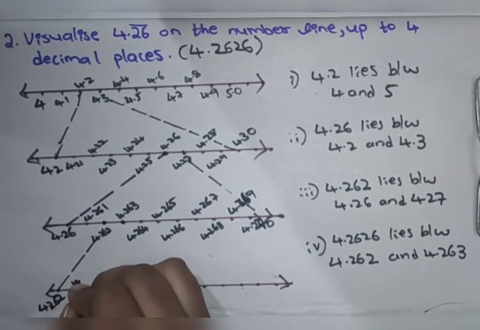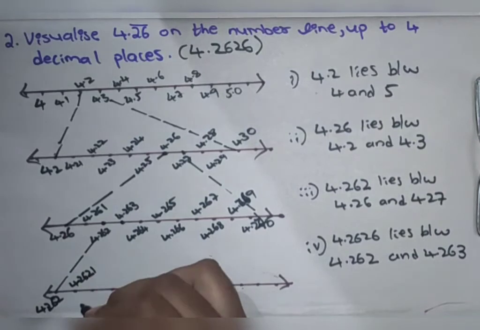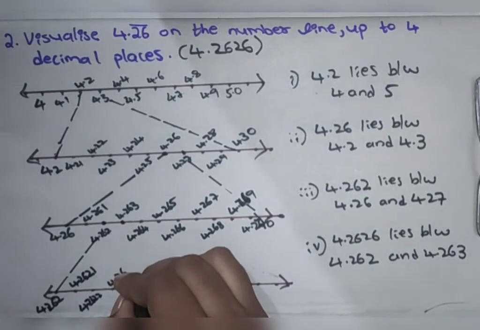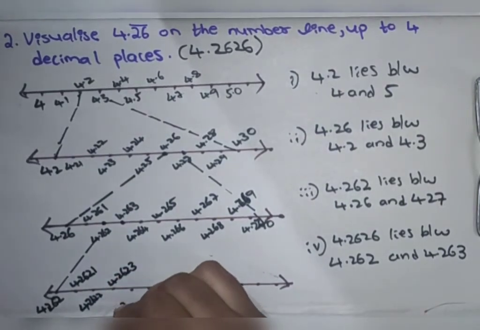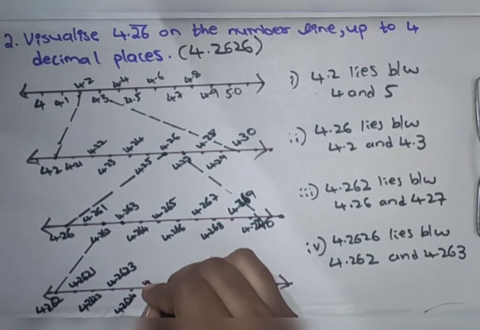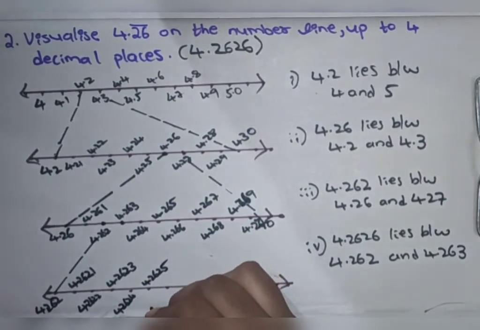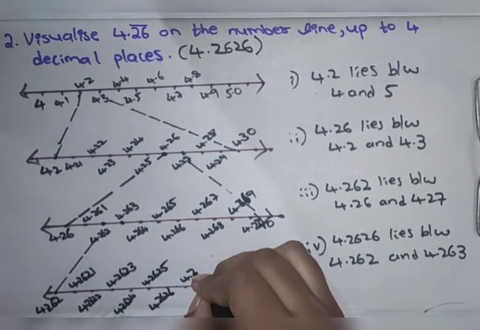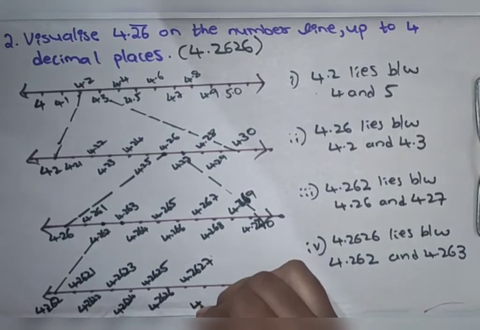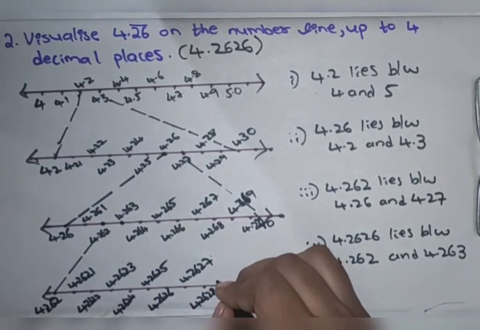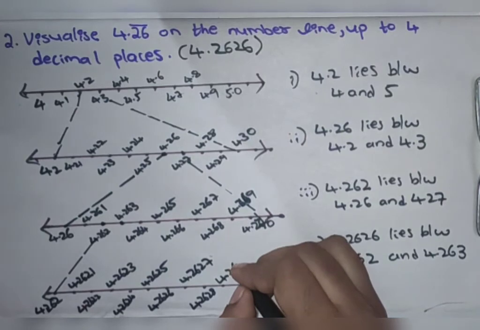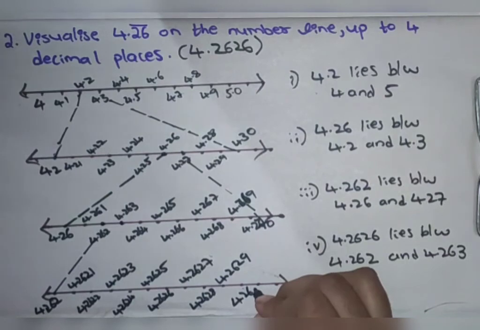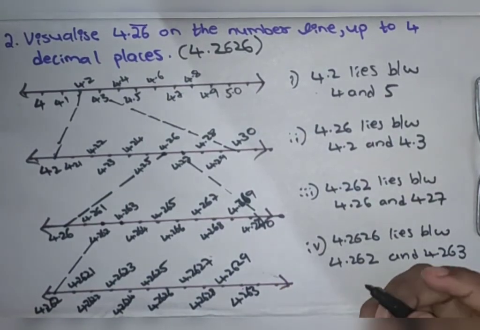Afterwards 4.2621, 4.2622, 4.2623, 4.2624, 4.2625, 4.2626, 4.2627, 4.2628, 4.2629, 4.2630. 30 or 3 you can write here.